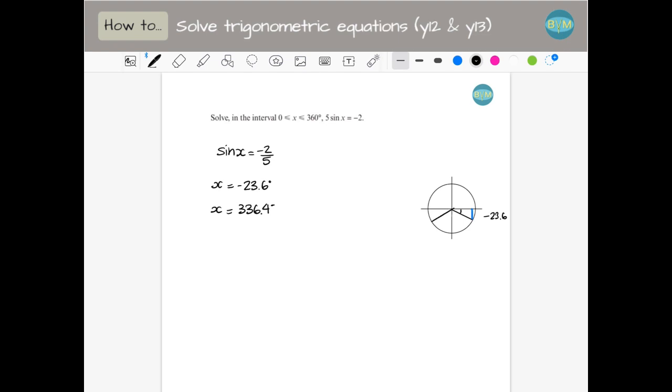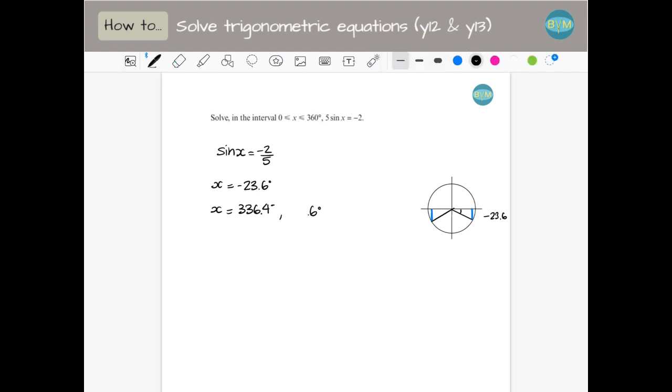This angle here is 180 plus 23.6, which is 203.6 degrees. And I don't have any other solutions, because the next ones will go over 360 if I just go around and around. That's why they give me an interval, so I can stop writing answers. So this is the first one.